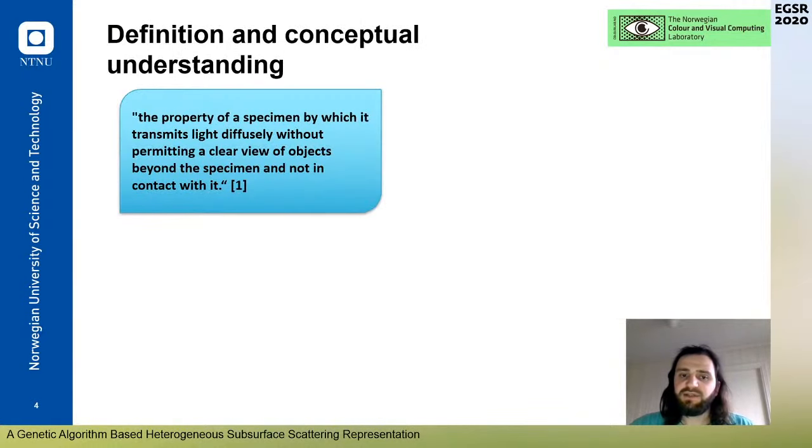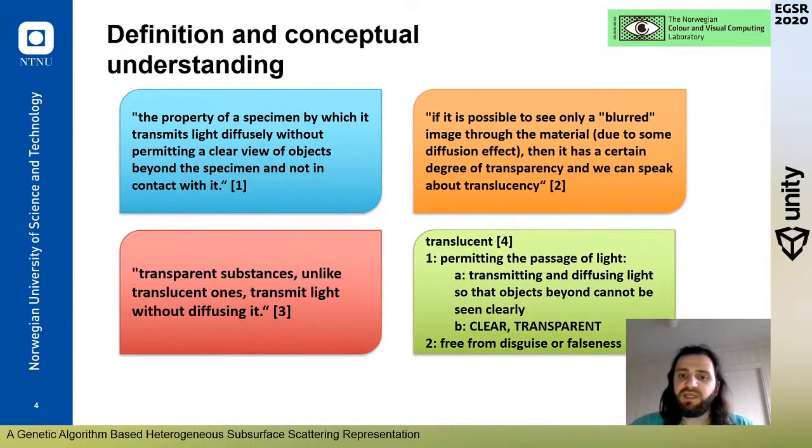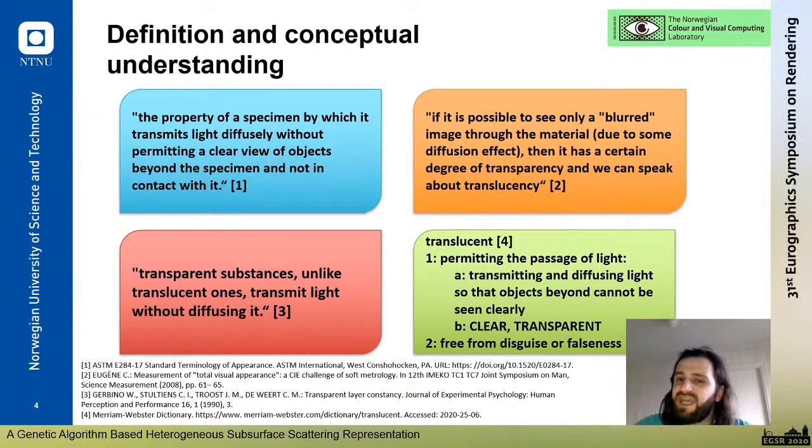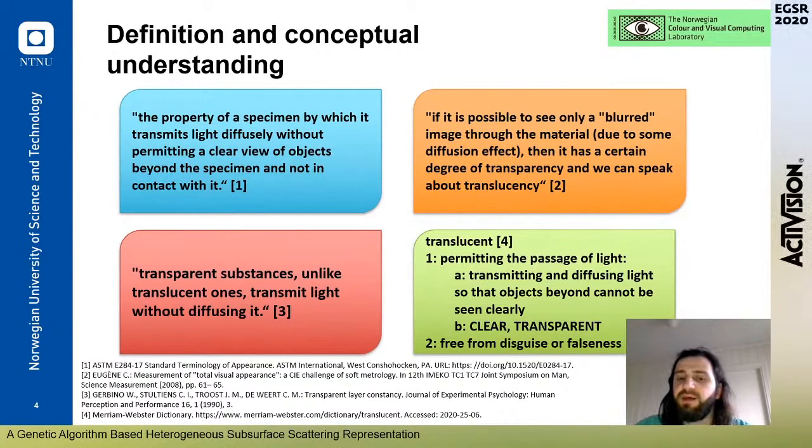Definition and conceptual understanding of translucency is a big topic. Here I brought several examples of how translucency is defined in the literature, like a property of a specimen by which it transmits light diffusely without permitting a clear view of objects beyond the specimen and not in contact with it. Two subsequent definitions also mean some kind of light diffusion or scattering inside the volume and a blurred image, while the non-academic, ordinary dictionary definition has both aspects.